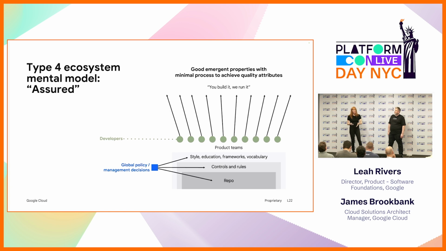We solve them in the platform. So we get good emergent behaviors with minimal management, minimal process, minimal controls. It takes a lot to build a platform like this, but when you're building at hyper scale, it can become really effective, allowing feature teams to focus on customers and platform teams to focus on the quality attributes.